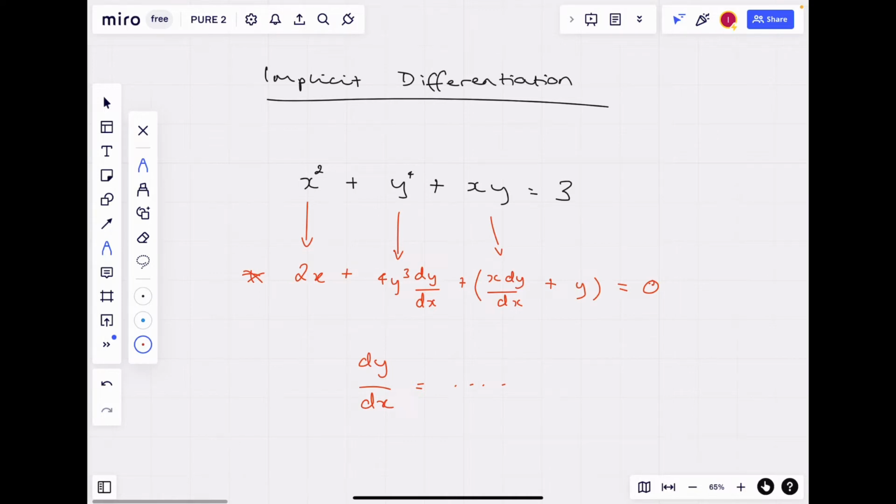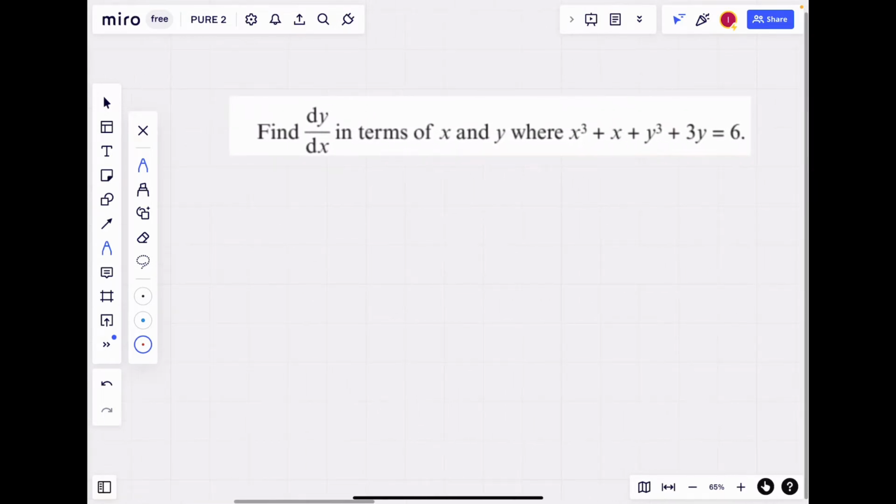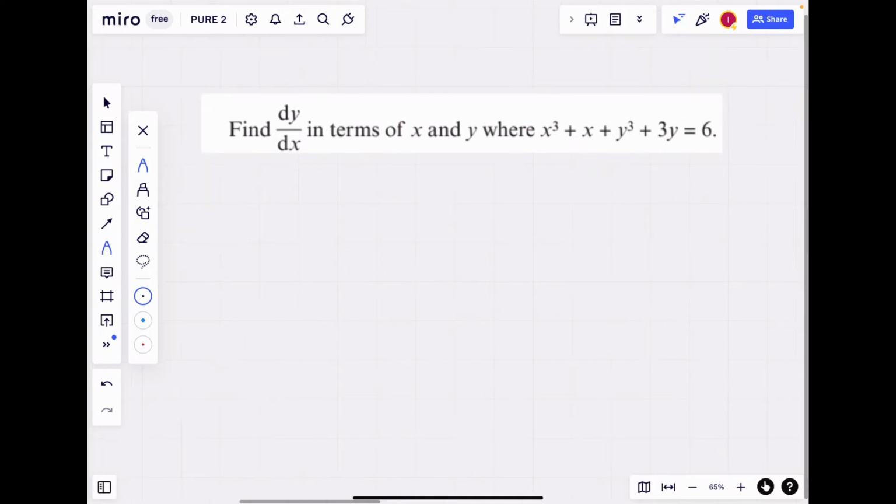That's implicit differentiation. So let me go through this example, then you're going to do 2 on your own. For this, you're going to take each term step by step.